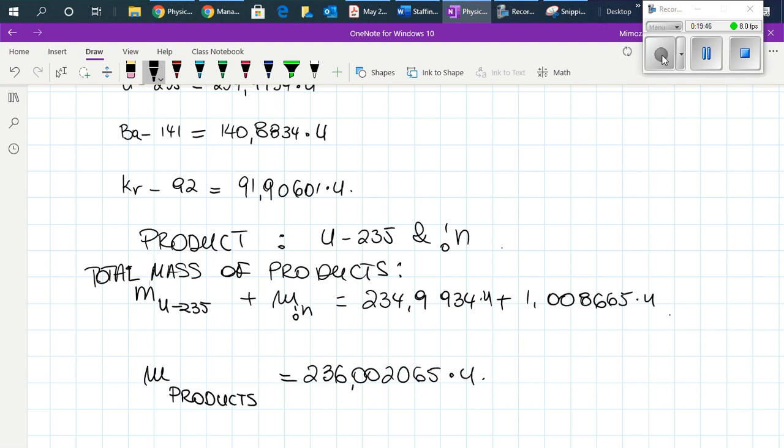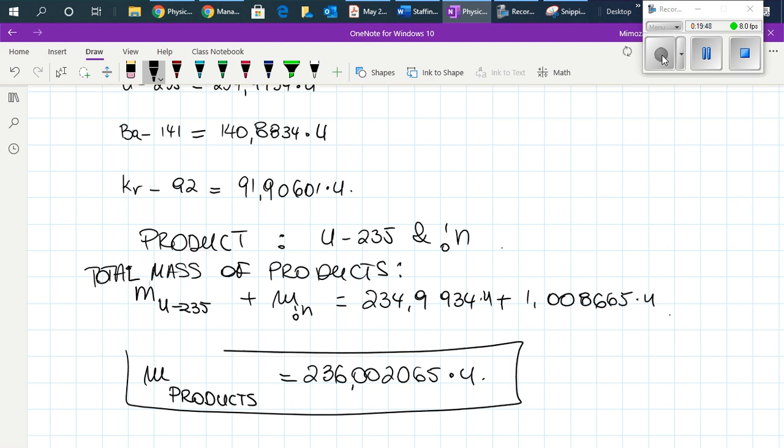So the mass is 236.002065 times unified mass.